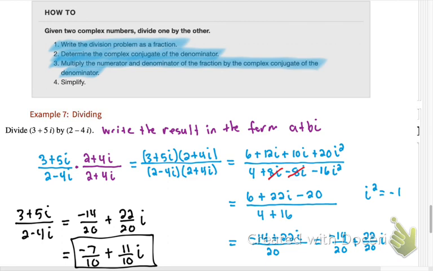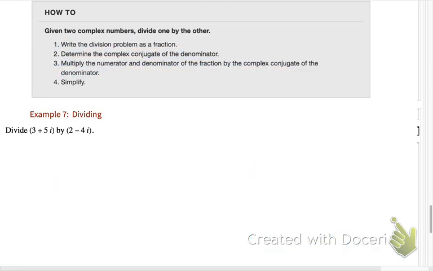Now, here's one thing that I want to point out to you real quick before moving on. So we've done that problem, but I do want to give you guys a note. Remember, what we just did was we were dividing by 2 minus 4i, and we had to multiply by its conjugate at some point.